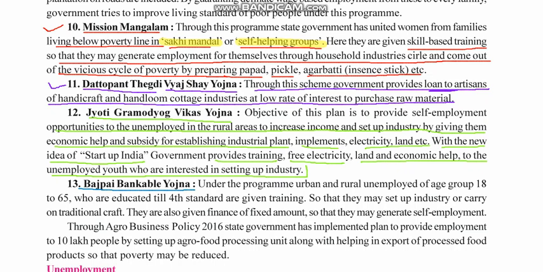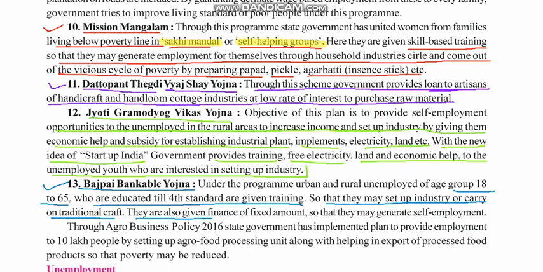Now, this is named after the Indian Prime Minister Atal Bihari Vajpayee. Under the program, urban and rural unemployed people of age 18 to 65, who are educated till 4th standard, are given training so that they may set up industry or carry out traditional craft.